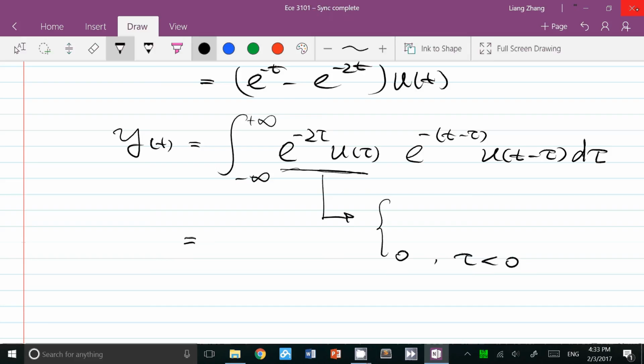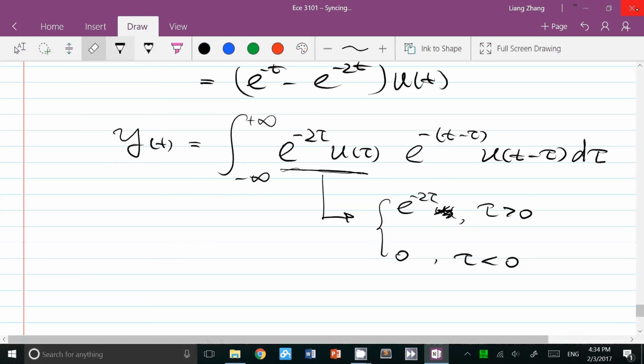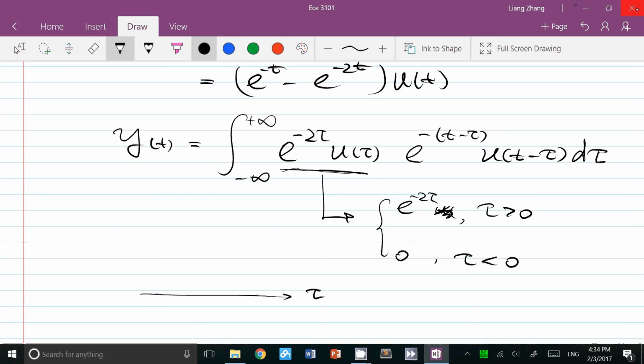Then the upper one is this exponential function when tau is larger than 0. So graphically, if I'm plotting it on the tau axis currently, it should look like this. I'll use the blue. So it'll be 0, and at time 0 it will behave as the exponential curve. So this is f of tau, right here.